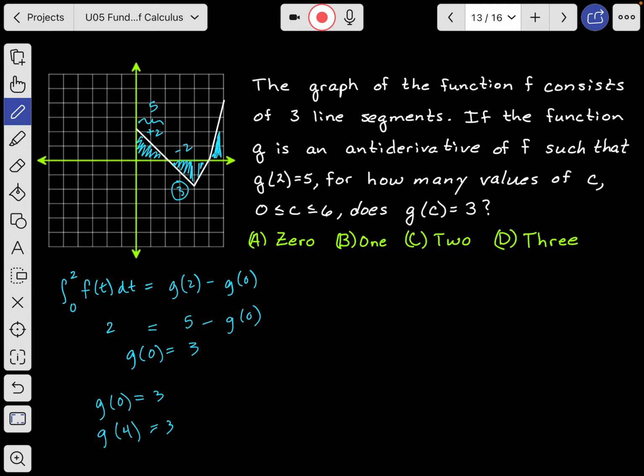And somewhere in adding back that value, we're going to have another interval somewhere between 5 and 6. I'm not going to find the exact value, but I know that some value between these two, between 5 and 6, I'm going to add some area to get another 3. So in this case, I will have 3 instances of having an area equal to 3.